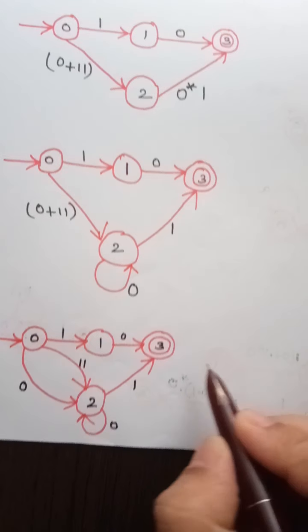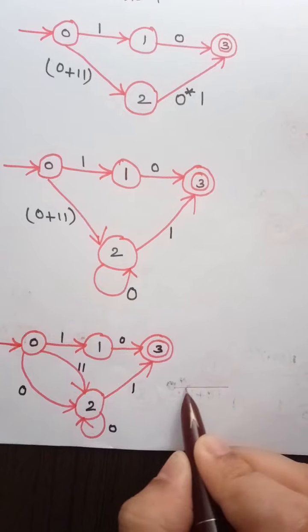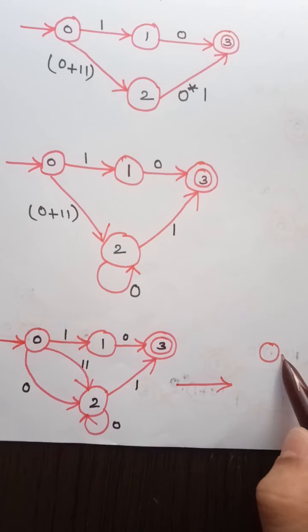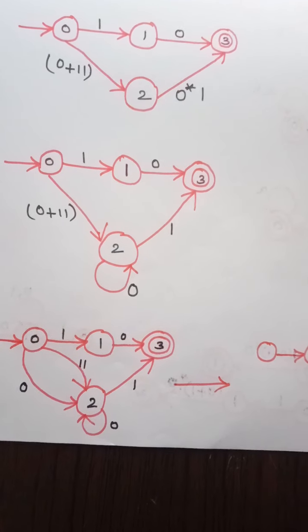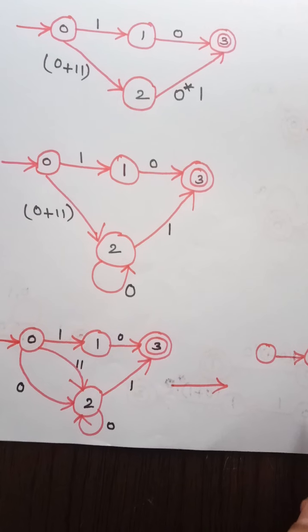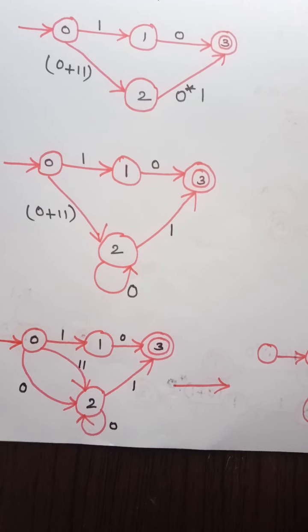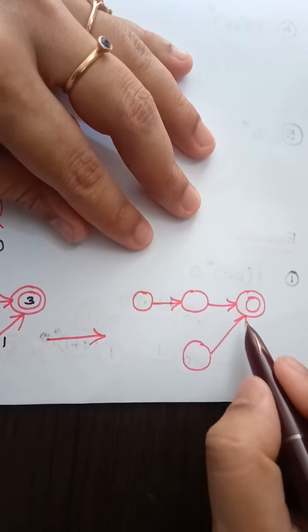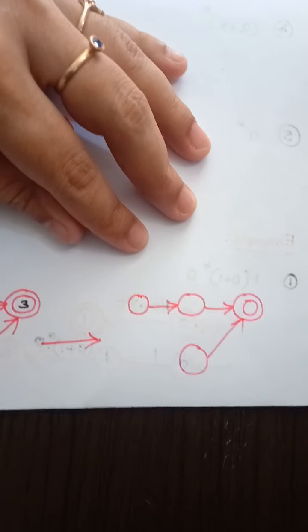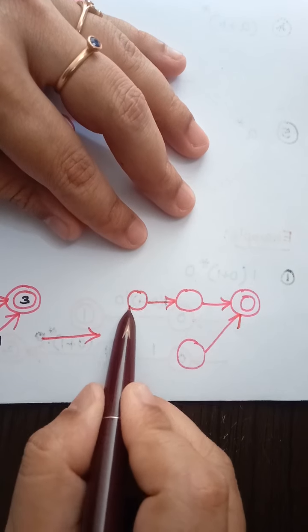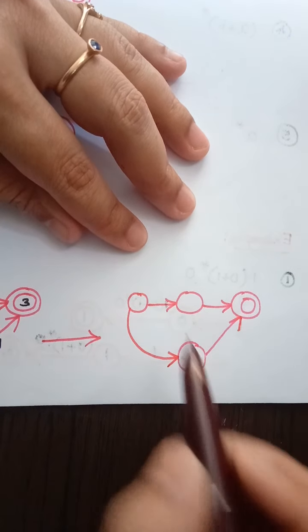You can see here, from 0, this is the final state, and here there is no change, and here also the same 0 will be there.